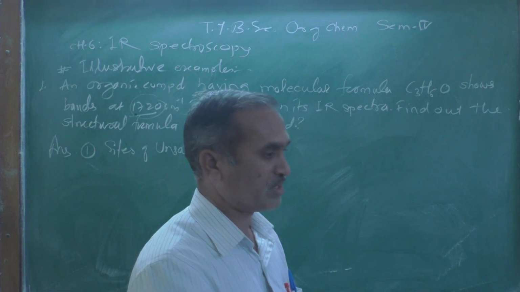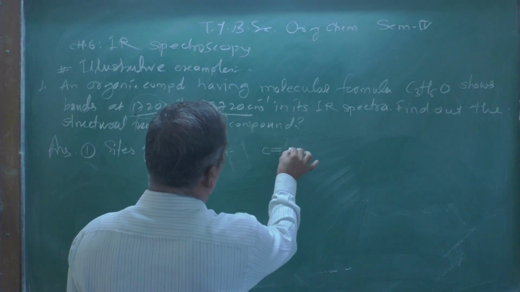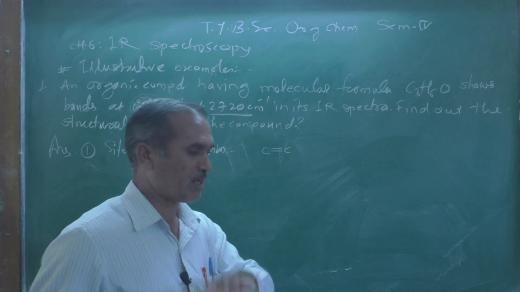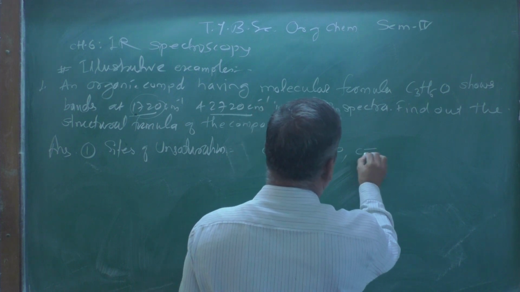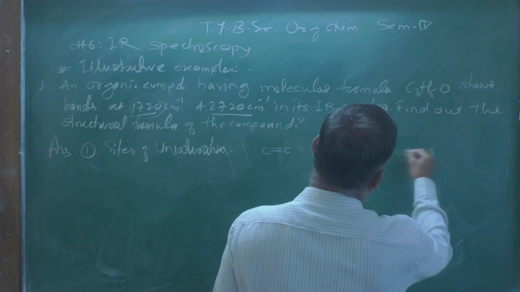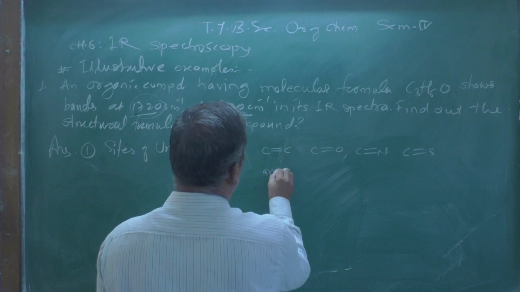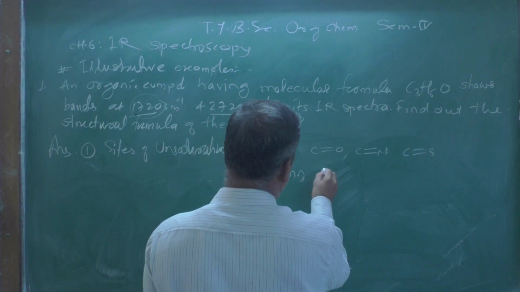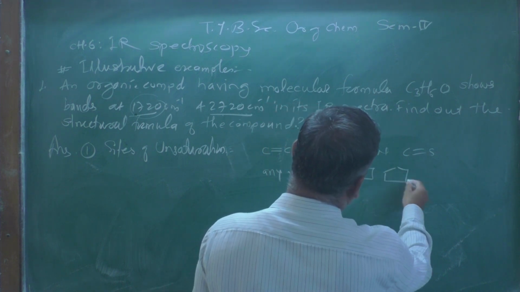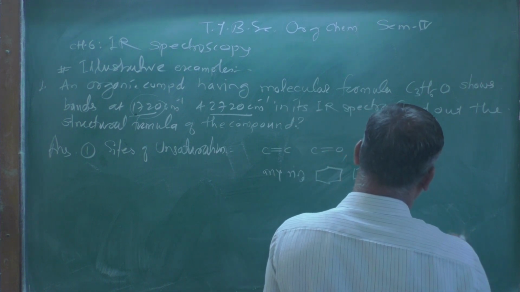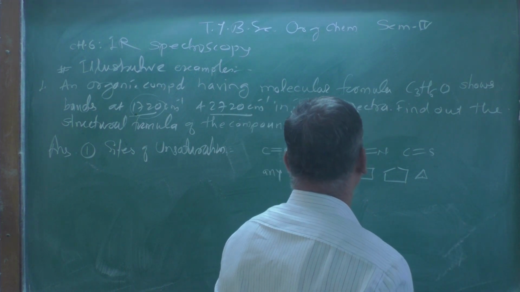An organic compound containing a carbon-carbon double bond, a carbon-oxygen double bond, a carbon-nitrogen double bond, a carbon-sulfur double bond, or any ring, such as a 6-membered ring, a 4-membered ring, a 5-membered ring, or a 3-membered ring, present in the organic compound.